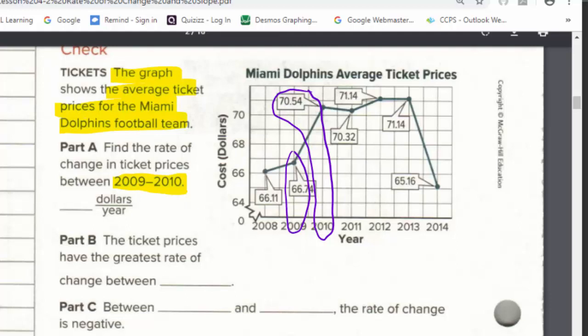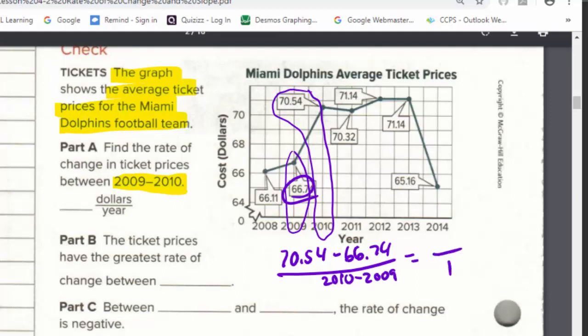So we're going to subtract 70.54, and the other one was this number, which was 66.74. And that's going to be over 2010 minus 2009, which is really just going to be over 1.